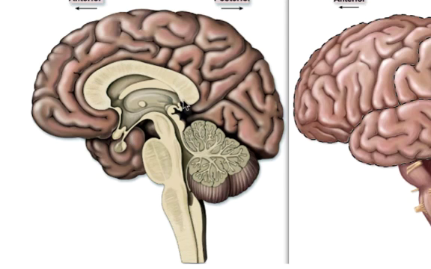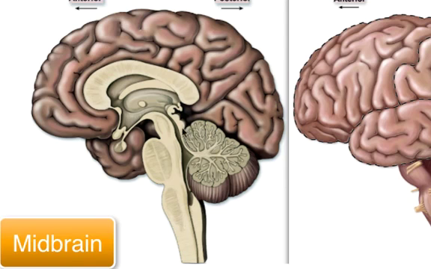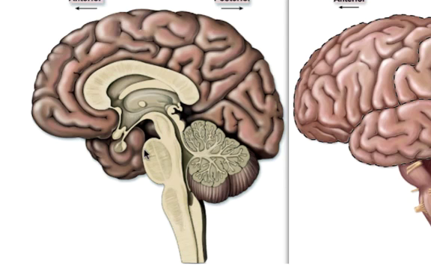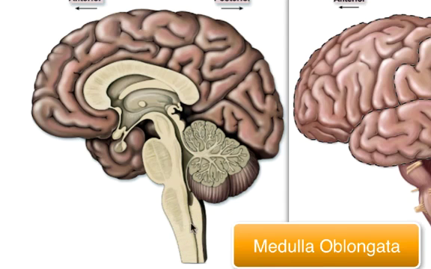So anything with the name thalamus belongs to this structure here. For instance, this is the thalamus, this is the hypothalamus, this is the epithalamus. And the brainstem, which is here, is composed of three pieces. This piece from here to here is called the midbrain. This part is called the pons, and this part is called the medulla oblongata.